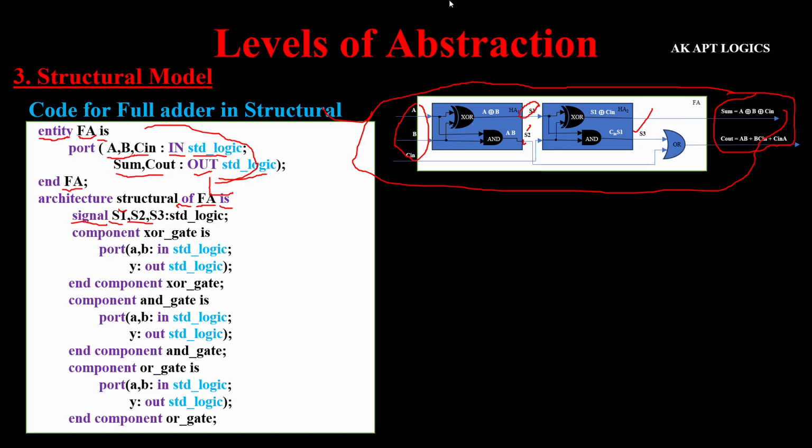Why? Because this S1 is the output from half adder 1, and similarly this S1 is also the input to half adder 2. It is intermediate, so we can't decide whether S1 is input or output. So there is no mode for the intermediate signals. That point you need to remember.